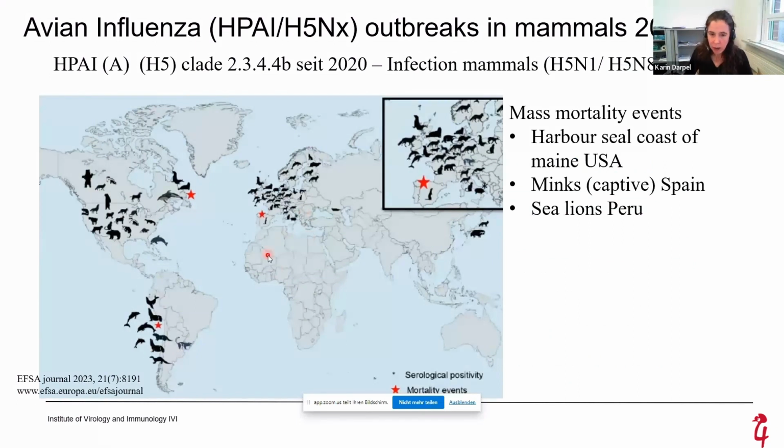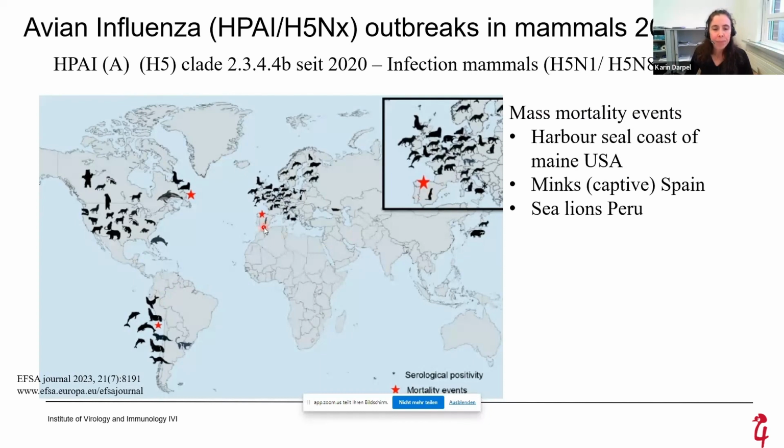And in all areas where there have been outbreaks of mass mortality in birds, there have been corresponding outbreaks of HPAI H5NX in mammals, driven by predatory behavior on dead or sick bird species, for example, foxes, or raccoons or bears, and also marine mammals which would feed on birds.